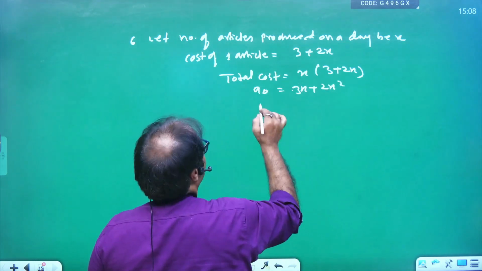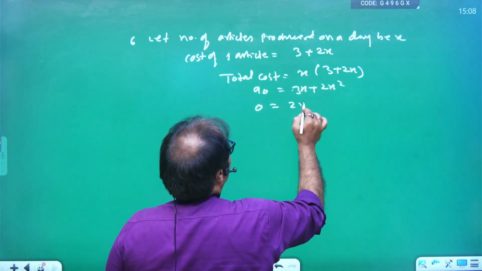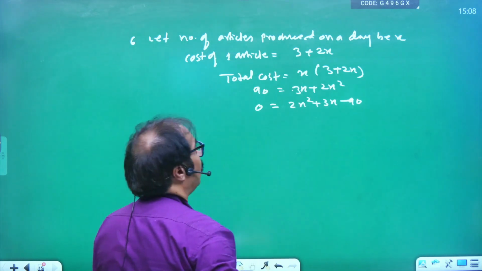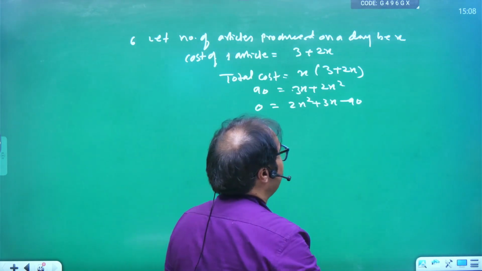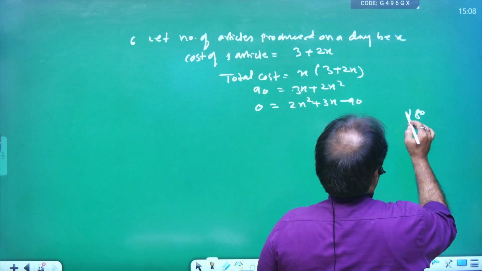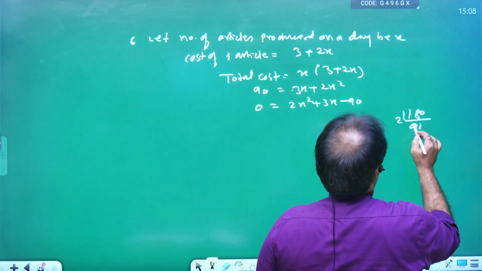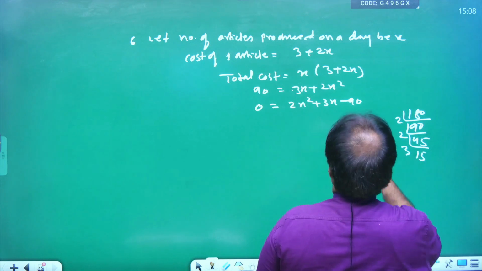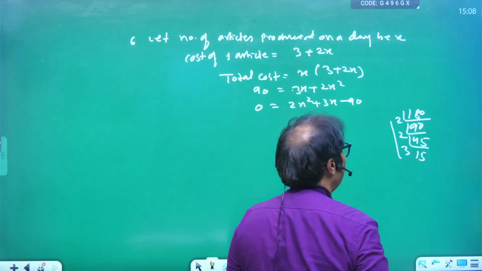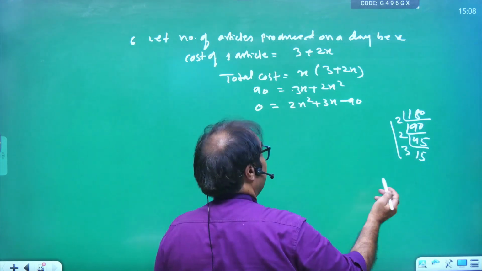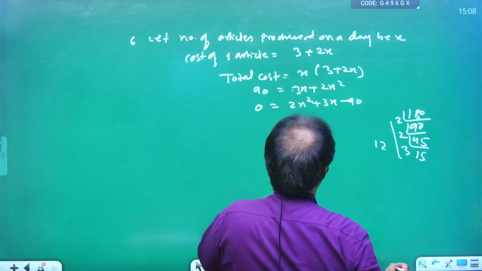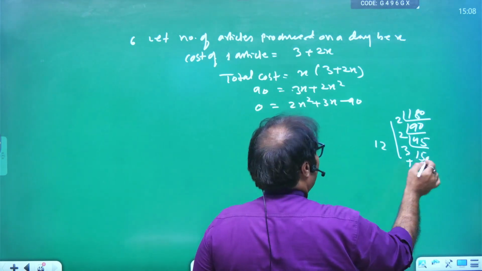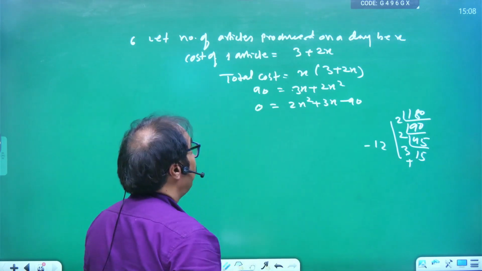Open it, do the like terms. So 0 is equals to 2x square plus 3x minus 90. And now split 180 and find the factors. 2 90, then 2 45, then 3 15. What do you want? 3. So 12 and 15, and the constant is minus sign, so there will be subtraction. The sign of middle term is positive, so the greater number will be positive and the smaller will be minus.